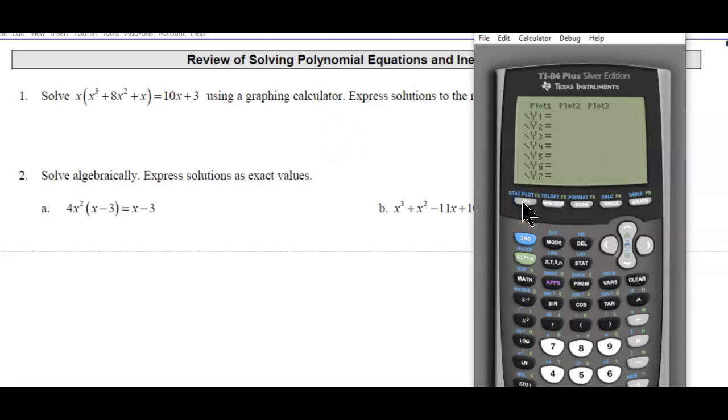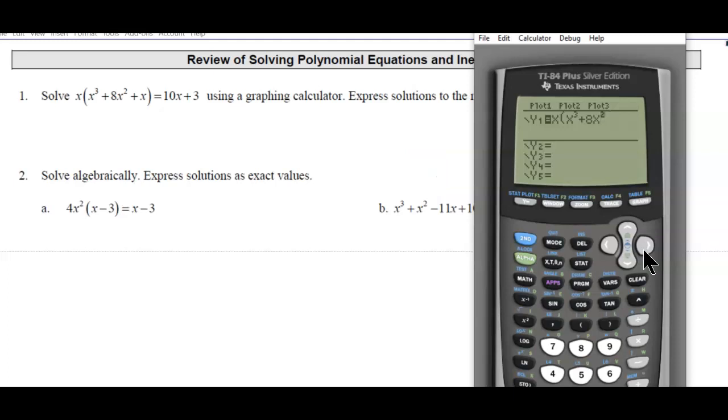you could just leave it, x bracket x cubed plus 8x squared. Wait, how did you do that?